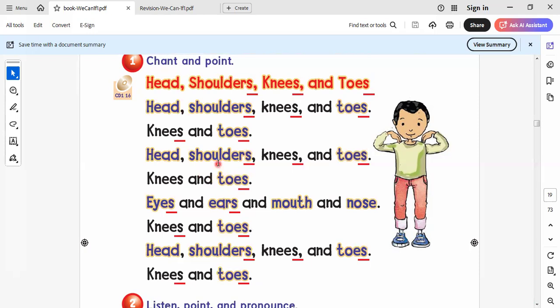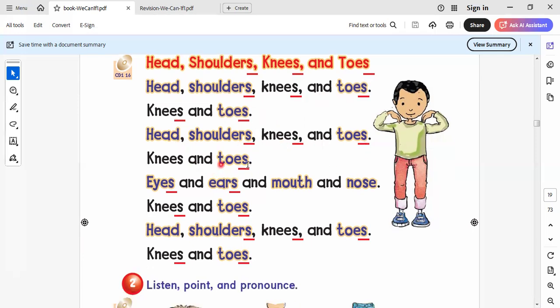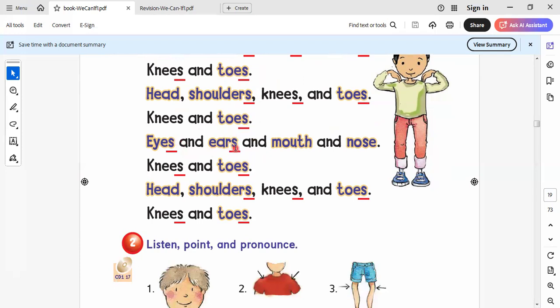Here we have shoulders, knees, toes, eyes, ears, mouth. These are the things that we have only one of in our body: one mouth, one nose, and one head.